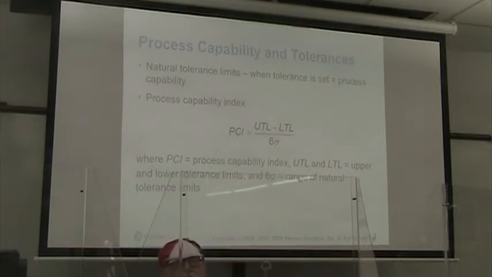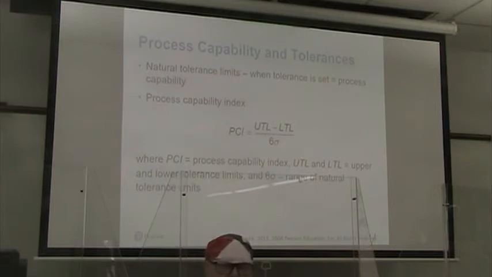Our process capability is going to have tolerance limits. So our natural tolerance limits, when the tolerance is set, is going to be equal to the process capability.